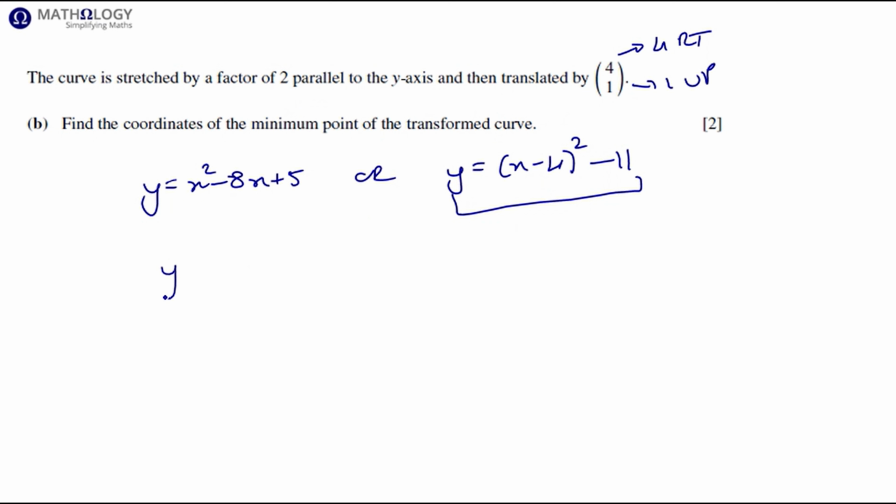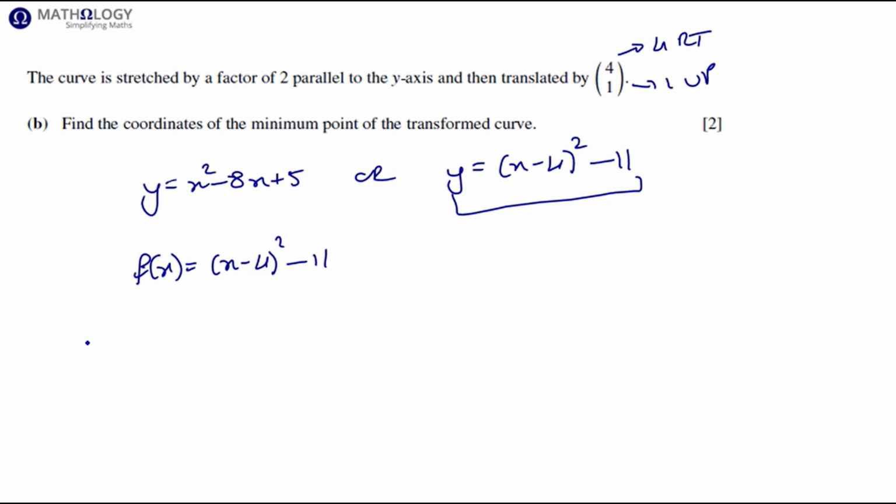So y equals x minus 4 all squared minus 11. Let's just call this function f of x. It's just nicer to refer to it as f of x so that we can refer to the transformed shapes in a similar fashion. So we're first going to stretch f of x by a factor of 2 parallel to the y-axis. This is a vertical stretch.